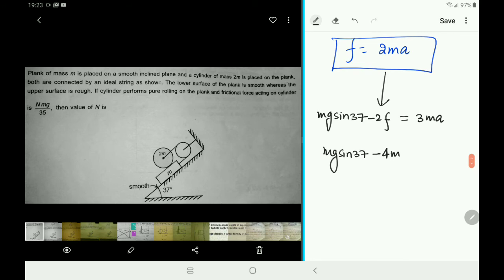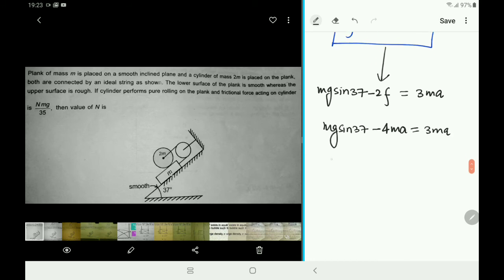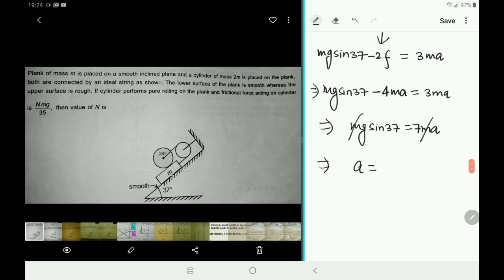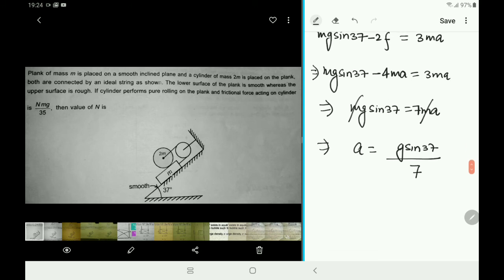All right, and you know that f is equal to 2ma. So if you replace f with 2ma, this whole equation becomes mg sine 37 minus 4ma is equal to 3ma. So everything comes out as mg sine 37 is equal to 7ma. Cancel m from both sides, and a you will get as g sine 37 by 7.